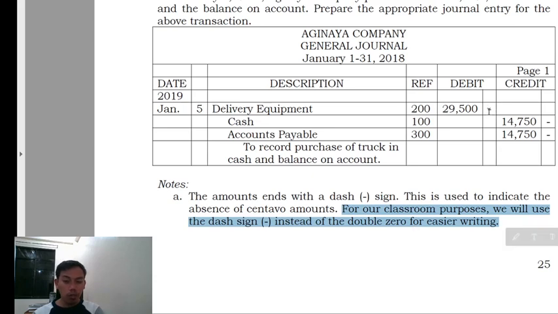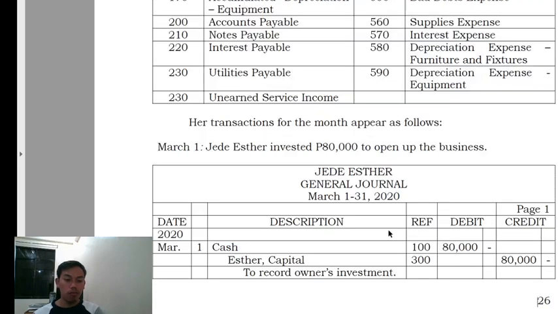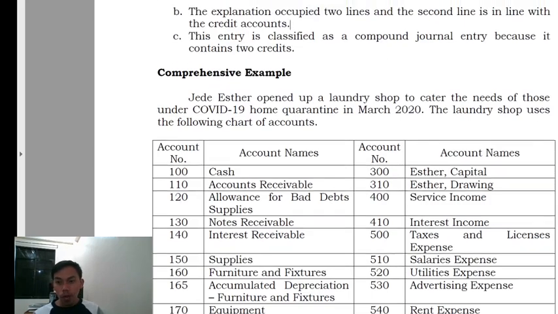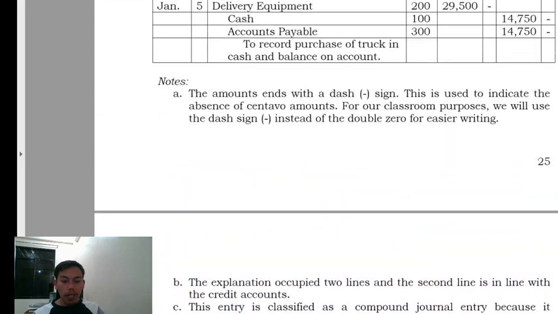Unless gusto mong sulat-sulat, double zero dito, double zero. Wag na. Lagay tayo ng dash sign. And the explanation occupied 2 lines and the second line is in line with the credit. Ito yung second line. The second line is in line with the credit.